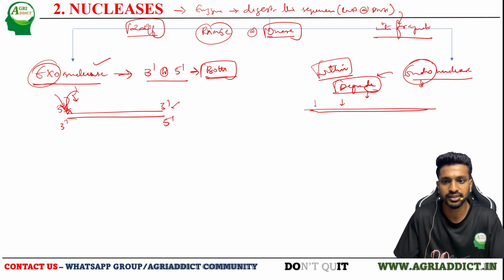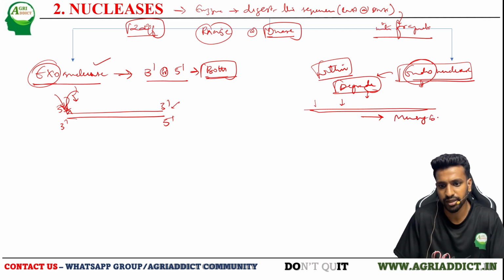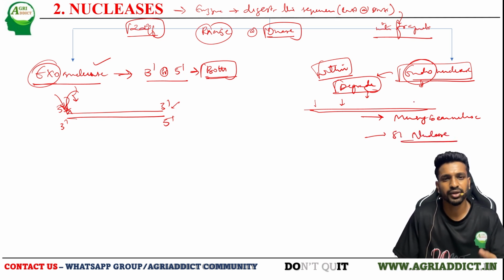So these are called endonucleases. I hope these two differences are clear. There are several examples of the exo and the endonucleases. For the endonucleases we have mung bean nuclease, S1 nuclease, and so many. You can remember at least two or three examples which you feel are important.